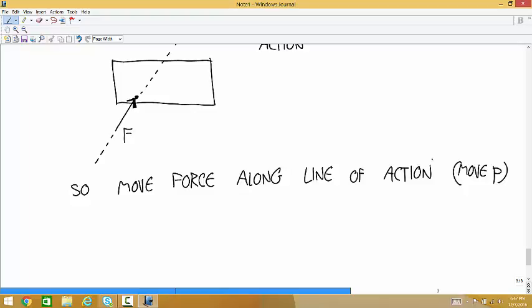And do that until you're at the spot where the force vector and the line between P and A are perpendicular.